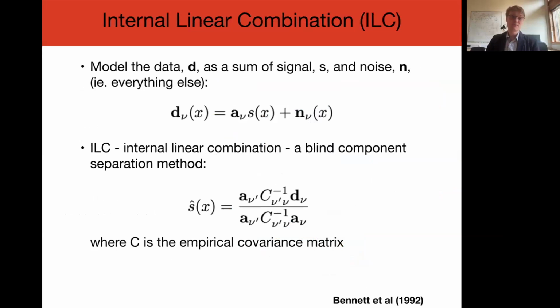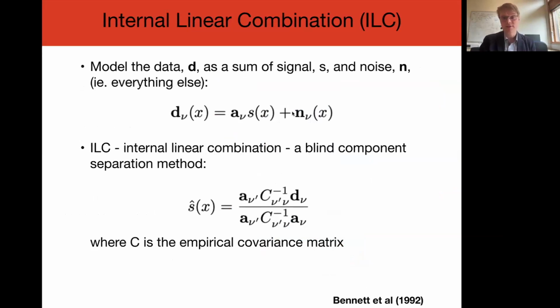So the method we've used in this work is the internal linear combination method, or the ILC method. And this method is very simple to explain how it works. The idea is that we model our observations D at frequency nu in terms of the component of interest, S, and a frequency response function, which tells you how that signal of interest contributes to your observations at frequency nu.